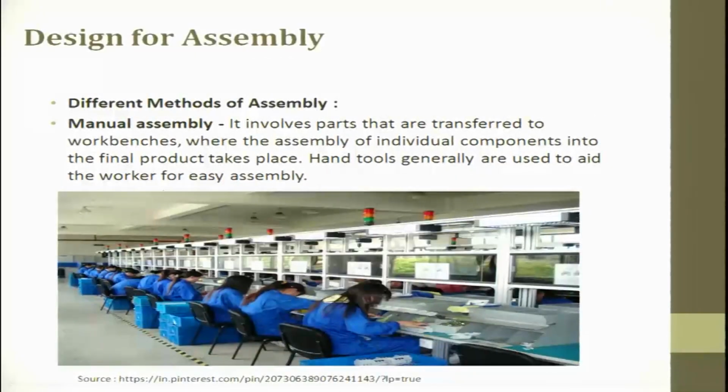So, there are different ways of assembly. One is manual assembly, the other one is automatic assembly. In manual assembly, you can see that there are many operators sitting beside each other and trying to do a job. Here the product can move from the first person to the last person, a sequence of operations can be done, and they can produce a finished part at the end, or individual operators try to produce parts which are very similar.